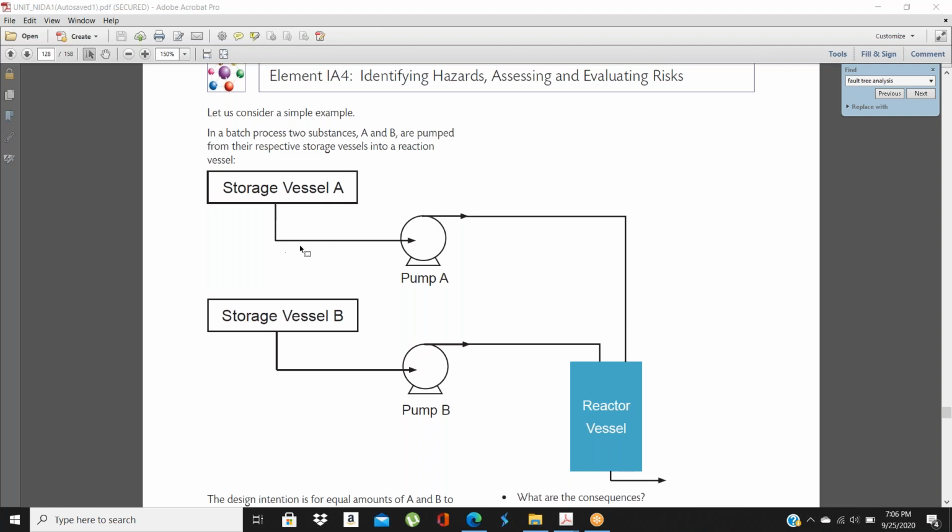Here, if this line is choked, we will install one pressure gauge here, another pressure gauge here. Now, let's suppose the line is choked here, so the pump will suck the fluid. From this pressure gauge to this area, the pump is sucking, so the pressure will be reduced from the choke point to the pump, because the pump is sucking.